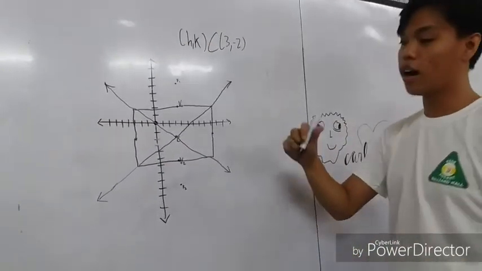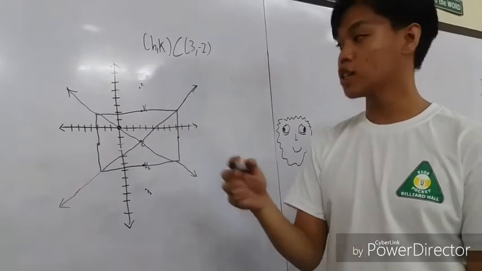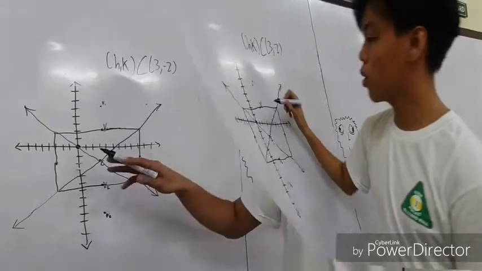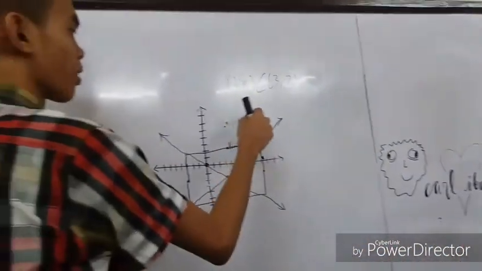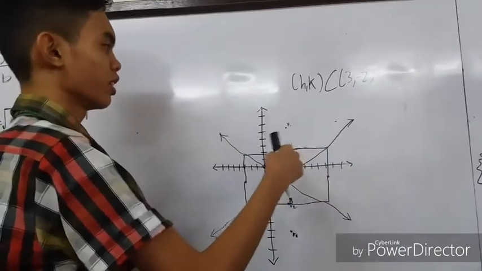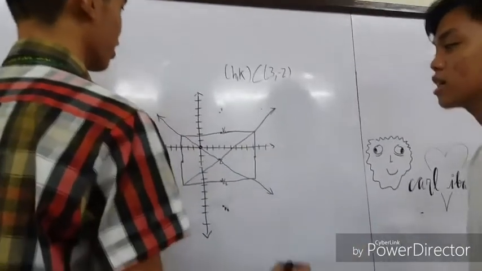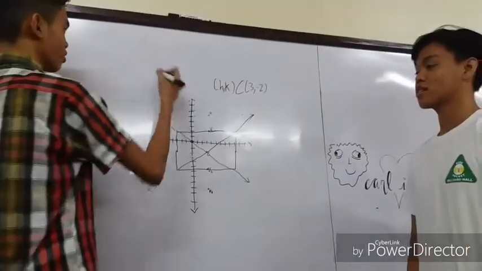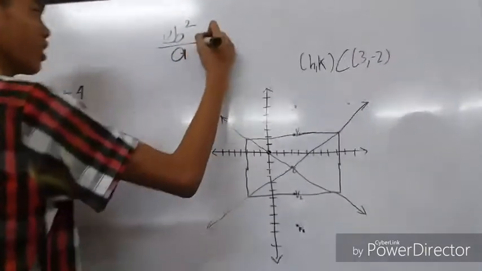Now we will form the branches of the hyperbola. Before we could draw the branch of the hyperbola, we must get the lateral recta. To find the lateral recta, we will use 2b squared over a.